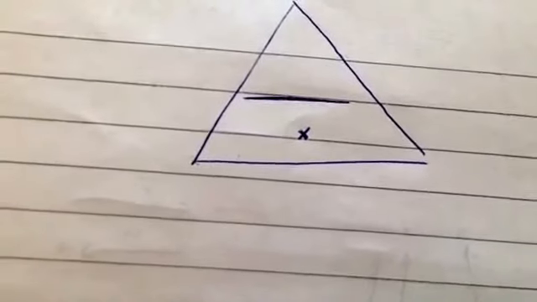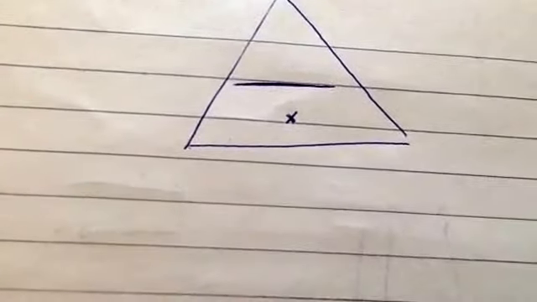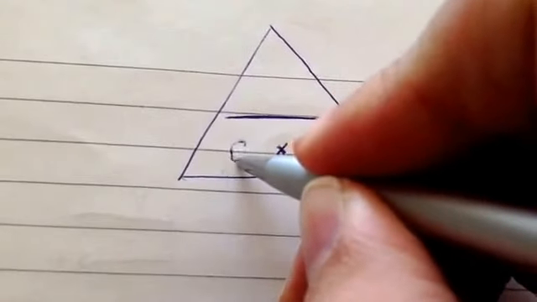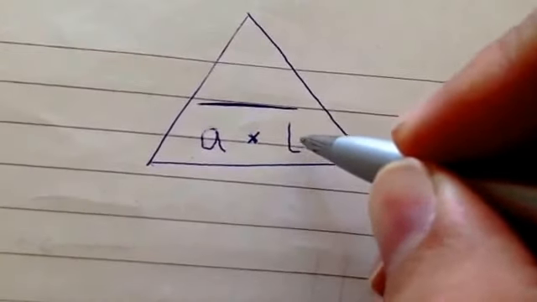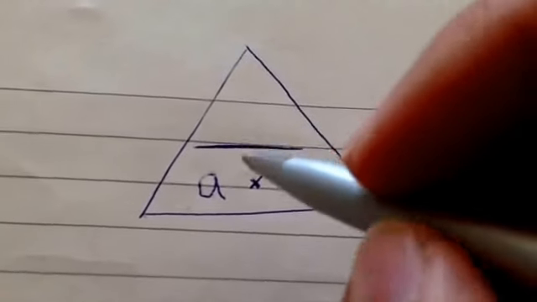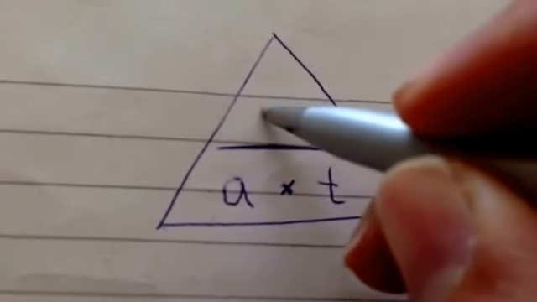If we look at the formula triangle for acceleration, we have acceleration in the bottom, call it A, times time, and at the top we have speed.